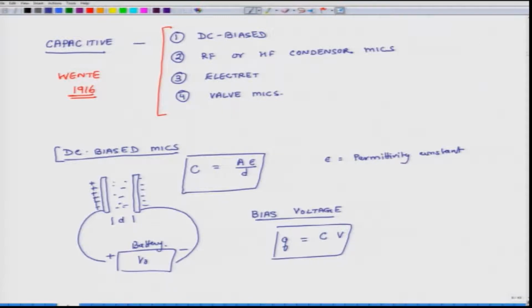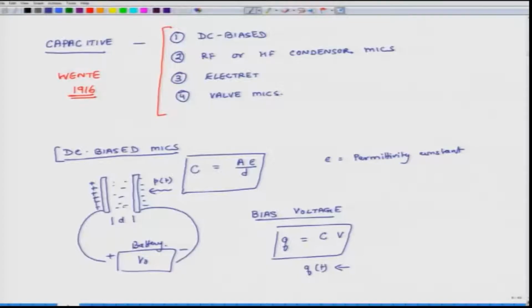So, if there is no sound pressure level, this charge does not change for a fixed voltage, and once this thing gets excited by oscillating pressure, because the capacitance changes, Q starts changing. So, Q becomes a function of time. Then using charge amplifiers, electronic devices known as charge amplifiers, we try to measure the change happening in the charge.